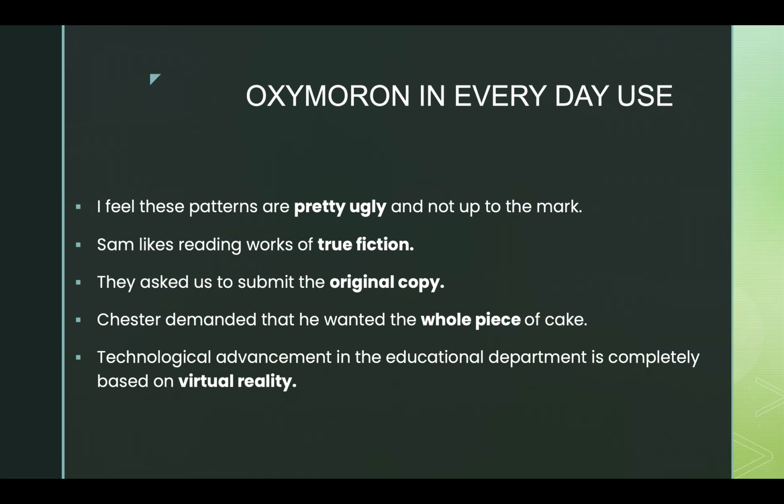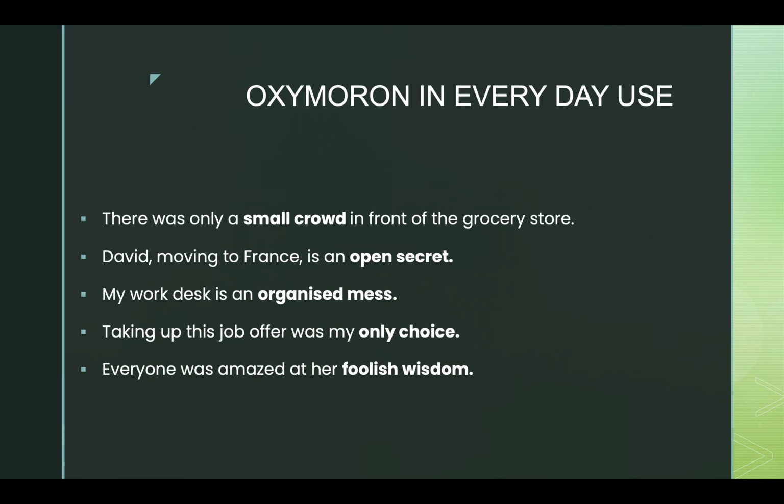But put together, you get the picture of what's coming across here. Technological advancement in the educational department is completely based on virtual reality. This is a term that we see being played with quite often, especially in AI circles nowadays. Virtual reality. Oxymoron at play.